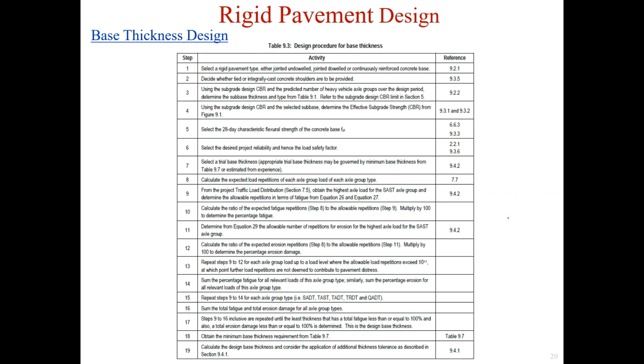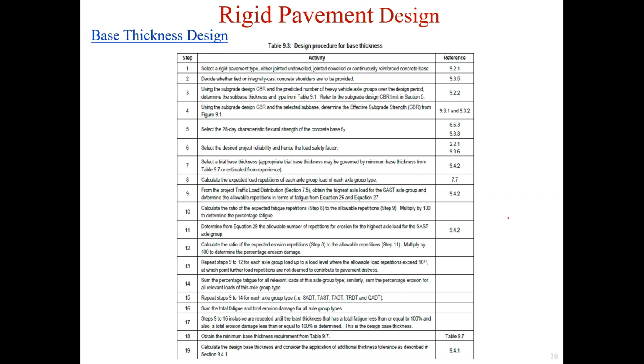Again, calculate the ratio of the expected erosion repetitions to the allowable repetitions and find the percentage of erosion damage by multiplying by 100. Steps 9 to 12 will be repeated for each axle group load up to a load level where the allowable load repetitions exceed 10.